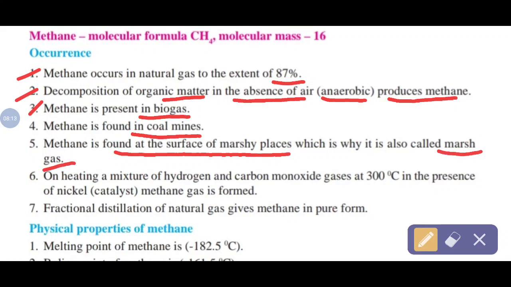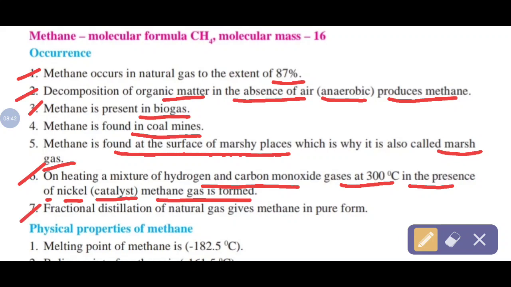Remember, why is methane called marsh gas? The question is asked this way: because methane is found at the surface of marshy places, that's why it is called marsh gas. Number 6. On heating a mixture of hydrogen and carbon monoxide gases at 300 degrees Celsius in the presence of nickel as a catalyst, methane gas is formed.